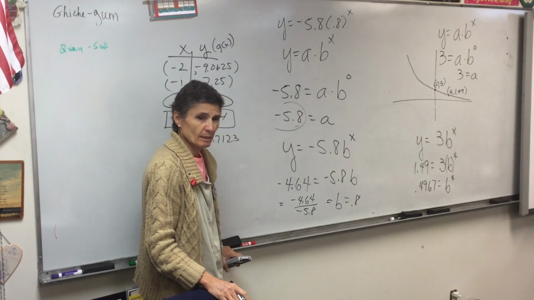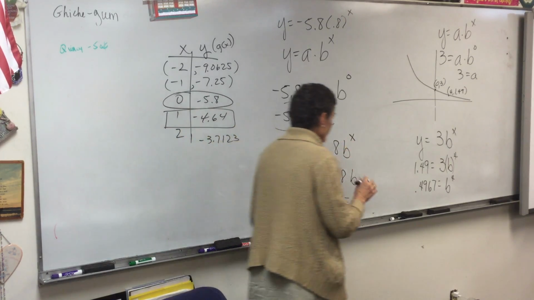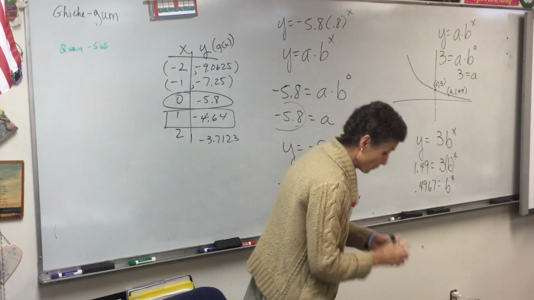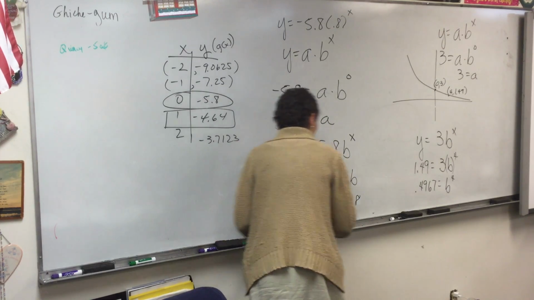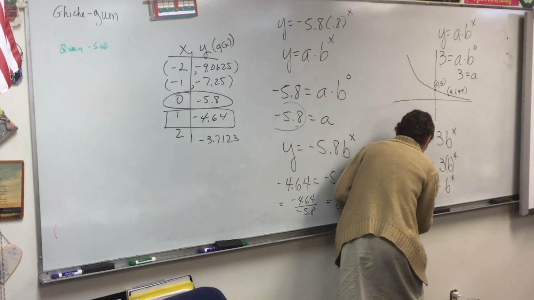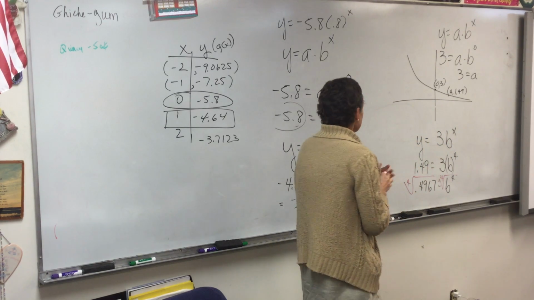Now what? What do I do here? Take the 4th root. Very good. We're going to take the 4th root of both sides. Before you get confused, stop and think.